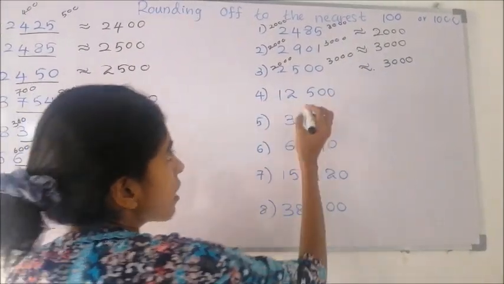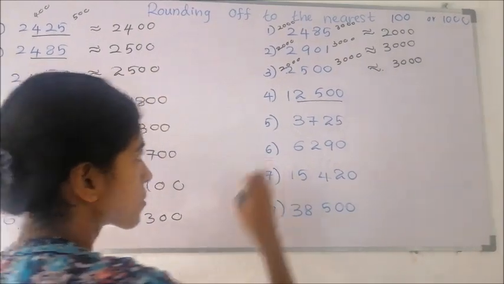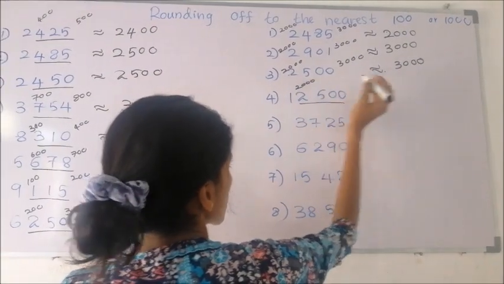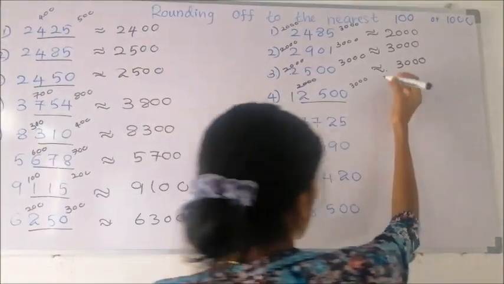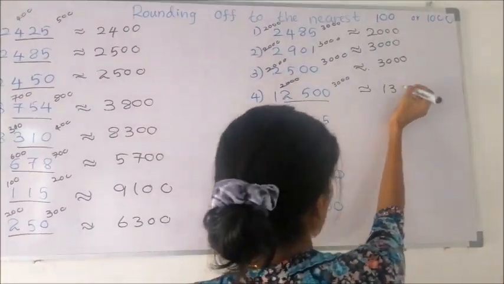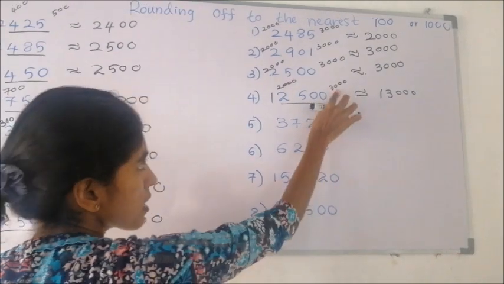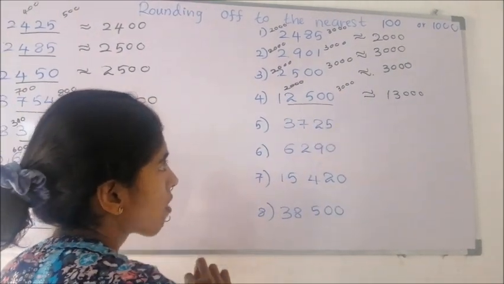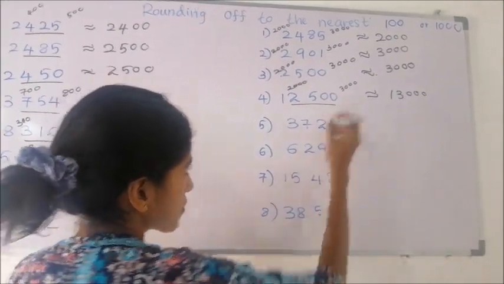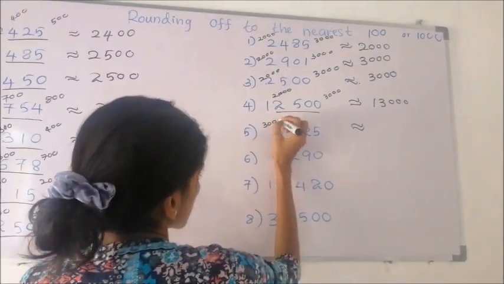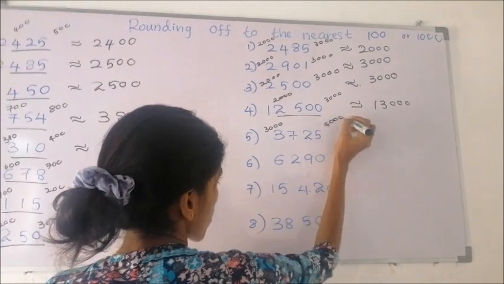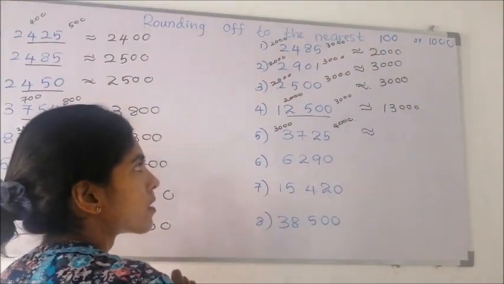Next, this is the 1000 value between 2000 and 3000, and it is the correct middle number, so we can write it as 1300. Instead of this full thing, you can write this, right? And in between 3000 and 4000 only, this number is there.